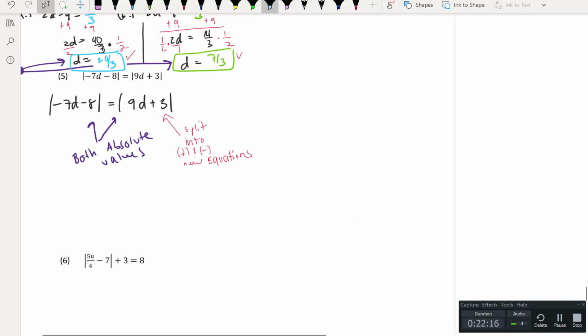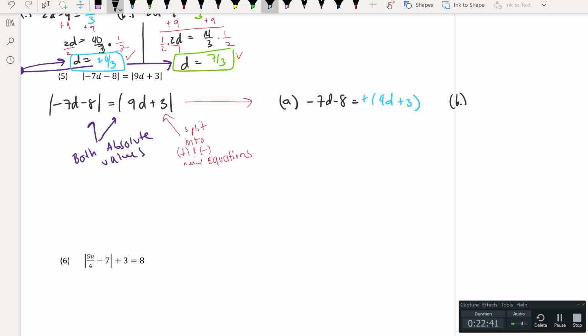So for part A, I'm going to have negative 7d minus 8 is equal to the positive of 9d plus 3.